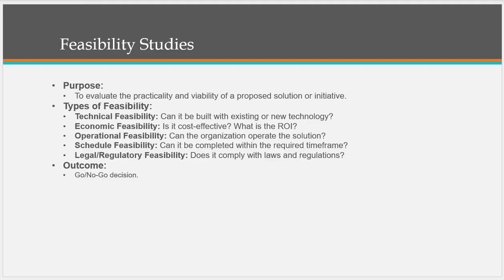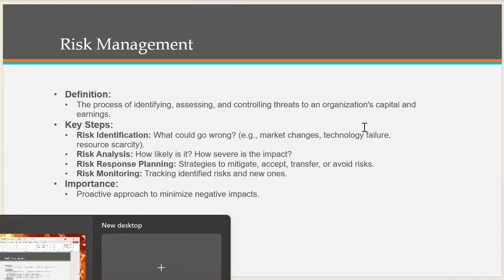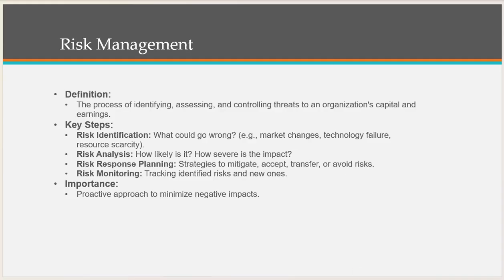Let's move on to one of the most important parts, risk management. Guys, it is the most important. Even if all the things I mentioned in the above slides are there, there may be a huge risk. So you may need to identify or accept the risks, mitigate the risks, transfer the risks, or avoid the risks.